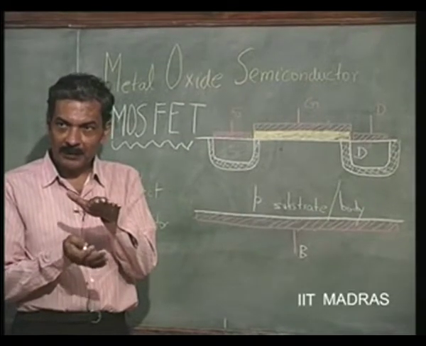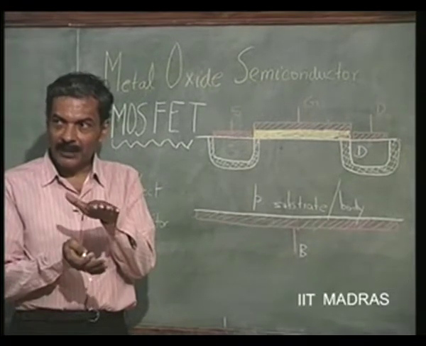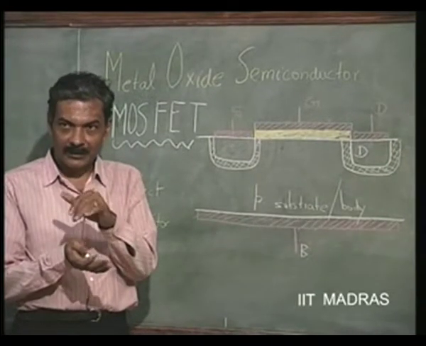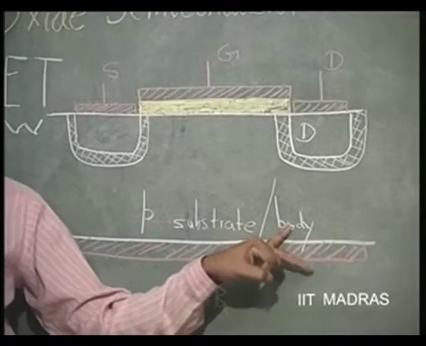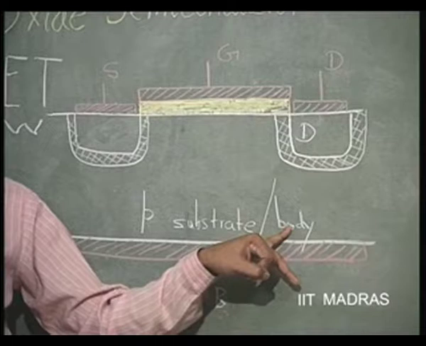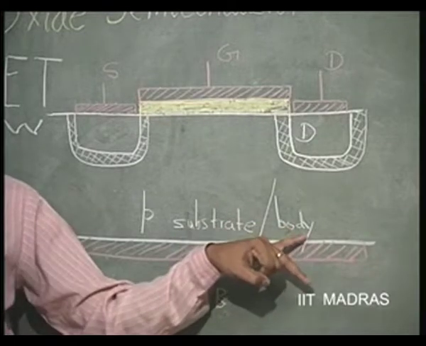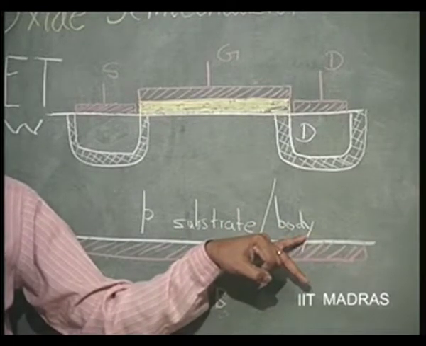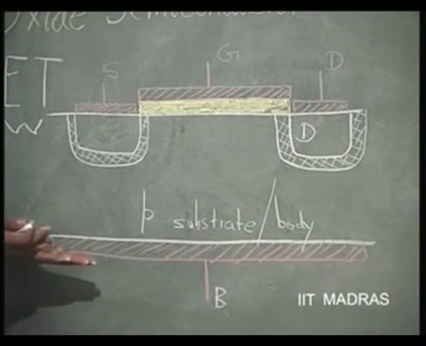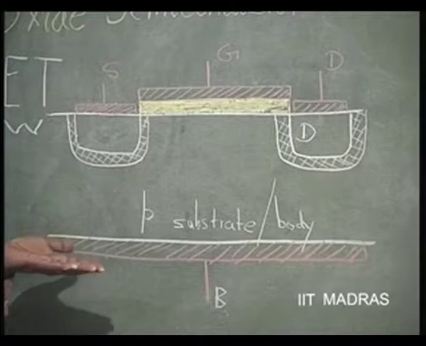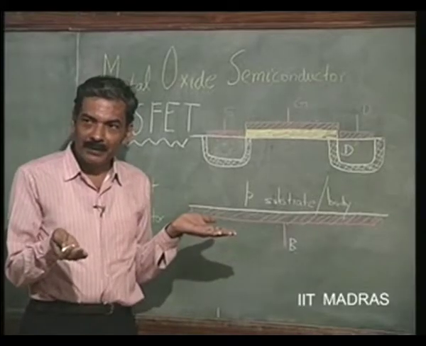So, you start with a P type wafer and you would like to fabricate a MOSFET. That wafer, the body, is called the substrate or body, the material over which our device is going to be fabricated.